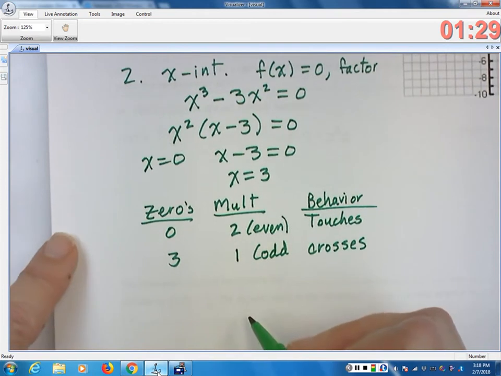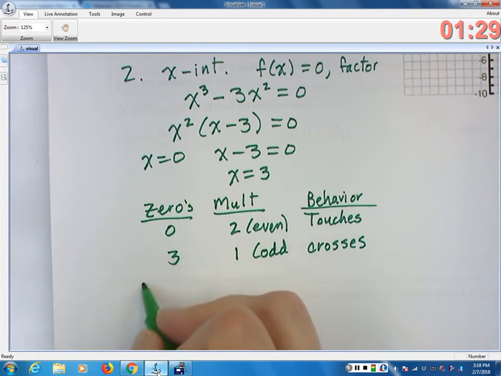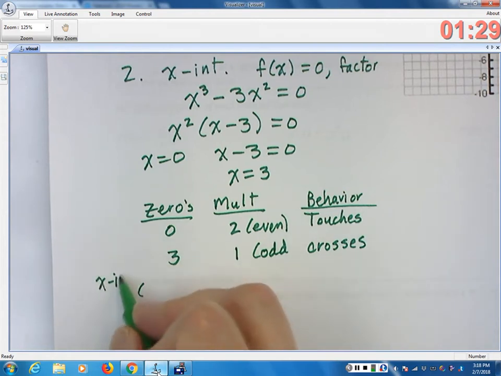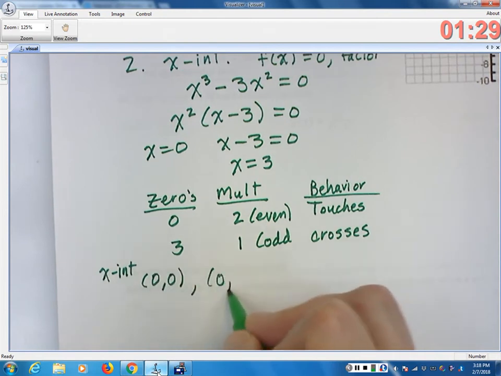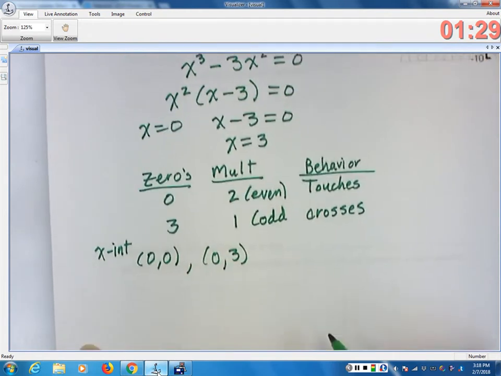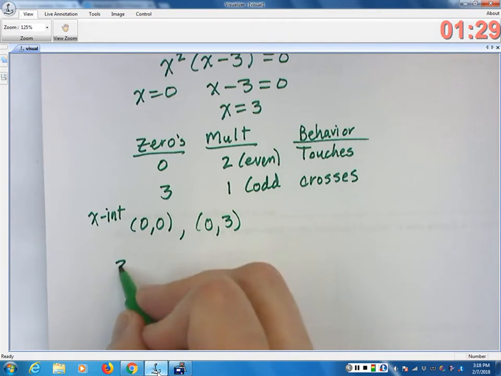All right, then we can write the x-intercepts as ordered pairs. It has the same x-intercepts as the last graph, but it won't look the same as the last graph. Number 3, find the y-intercept.